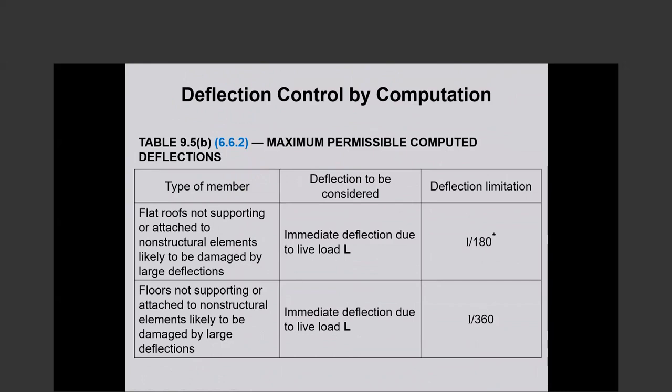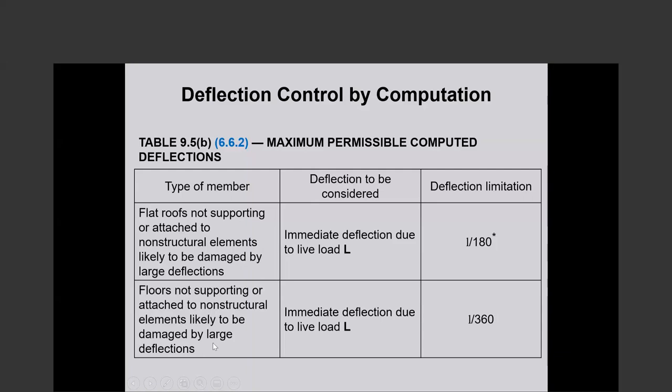Now, what are the deflection limits? So now you come to table 9.5b. There are two parts to the table: flat roofs not supporting or attached to non-structural elements likely to be damaged by large deflections, and then those supporting or attached to non-structural elements likely to be damaged by large deflections.